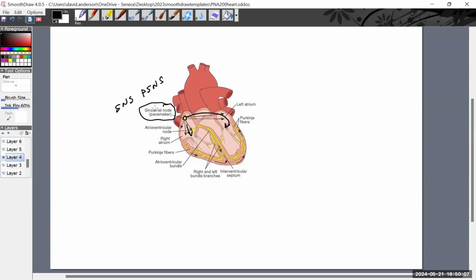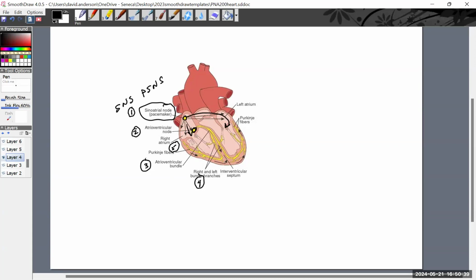So we're going to move from the sinoatrial node, we called it number 1, to the atrioventricular node, the second node in our little diagram. That creates a delay between atrial contraction and ventricular contraction that's further delayed from the AV bundle, the bundle branches, and the Purkinje fibers.